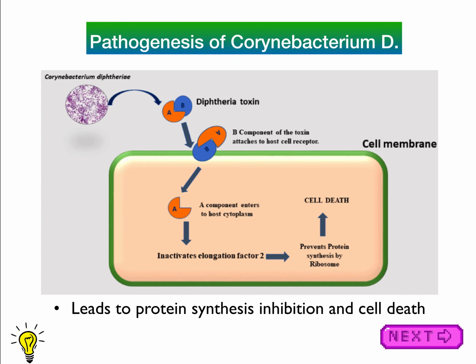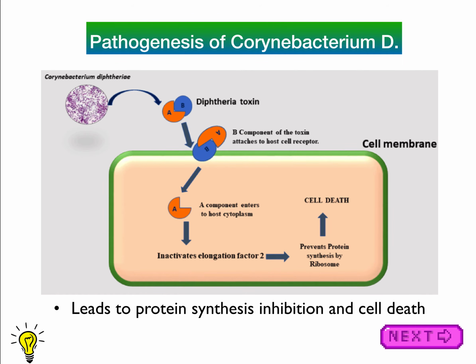So, the toxin has 2 subunits. The toxin will enter through receptor-mediated endocytosis. A is for the active unit and B is for the binding unit.